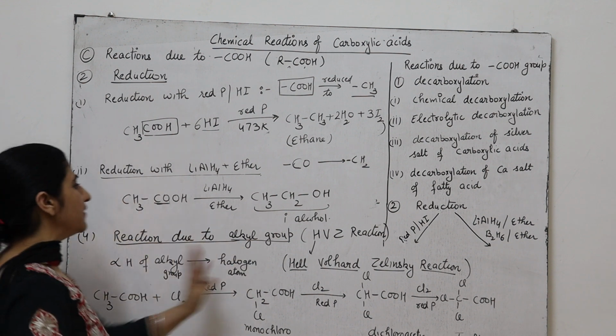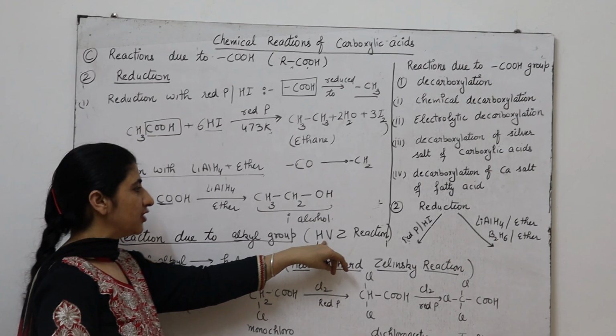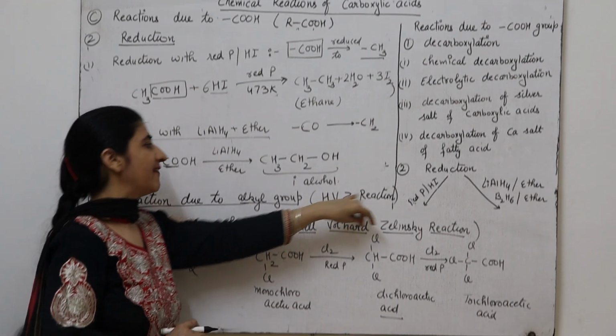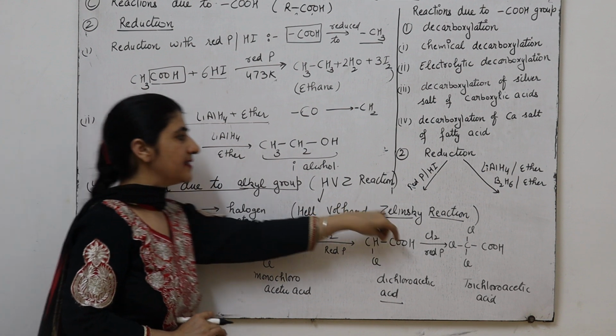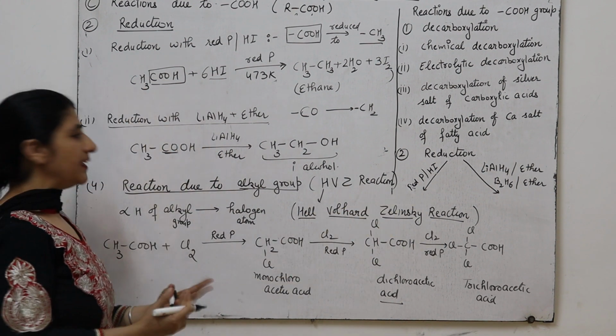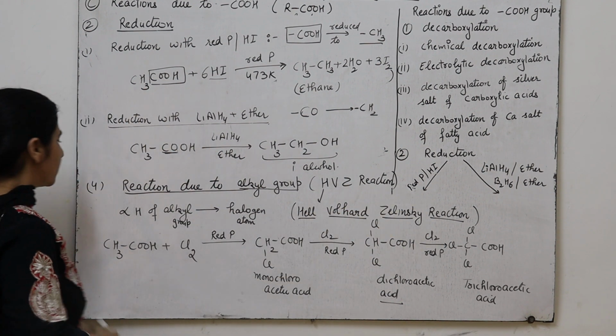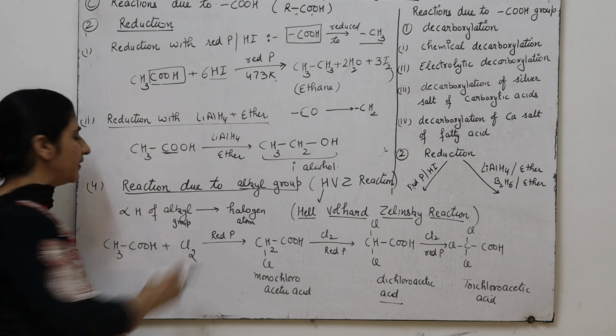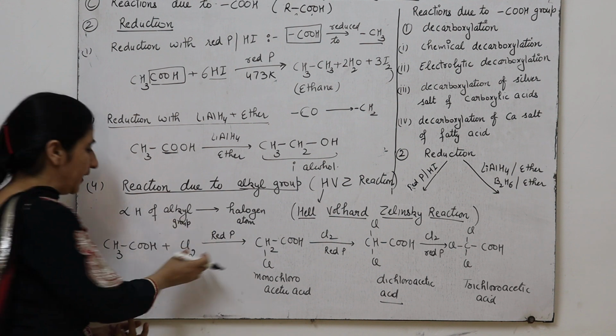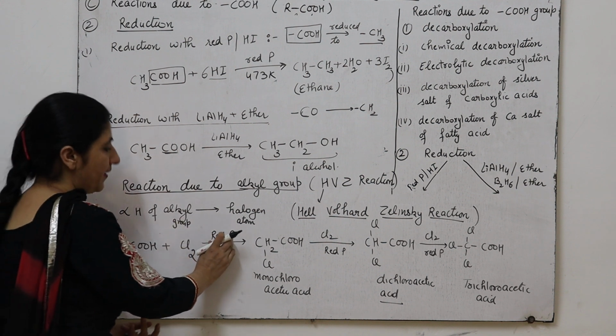The last type of reaction shown by the carboxylic acid is the reaction due to the alkyl group. There is only one such reaction, known as the HVZ reaction, whose full form is Hell-Volhard-Zelinsky reaction. So what is the HVZ reaction? In the HVZ reaction, carboxylic acid reacts with a halogen, say chlorine, in the presence of red phosphorus.